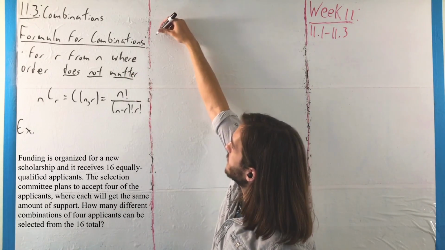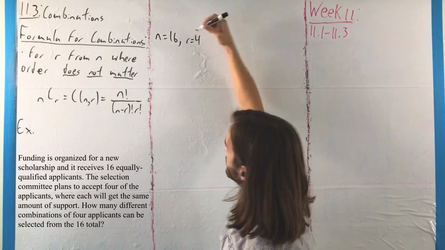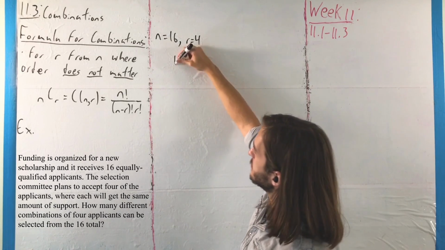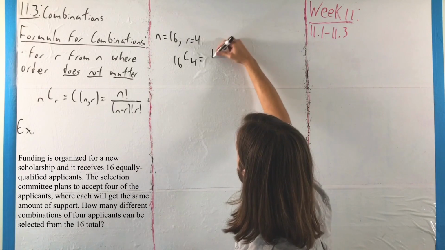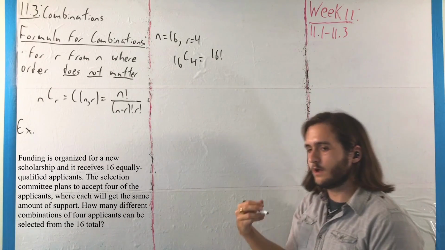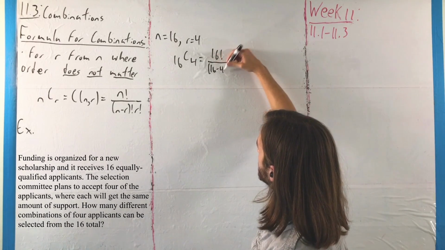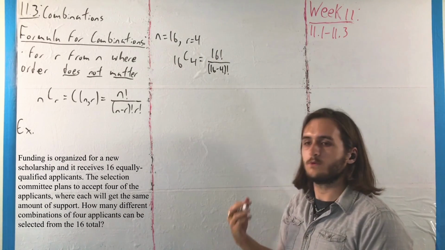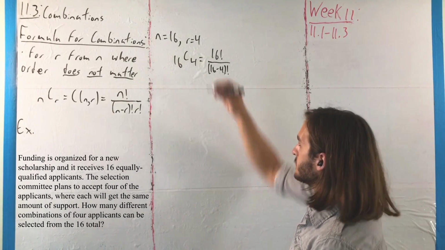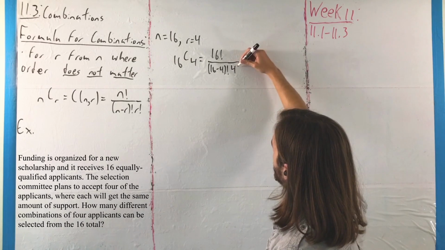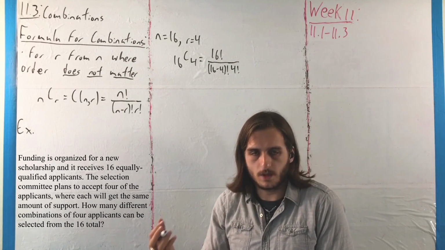Because order does not matter, and we're taking n equals 16 people and choosing r equals 4 from them, we are going to take 16 choose 4, which is going to end up being 16 factorial for all of the people involved, divided by 16 minus 4 factorial for the remaining people who won't get funded and will have a very terrible time because we don't care about them for the purposes of this problem, and then divided by the 4 factorial arrangements within the 4 that are picked, because who cares who gets first?